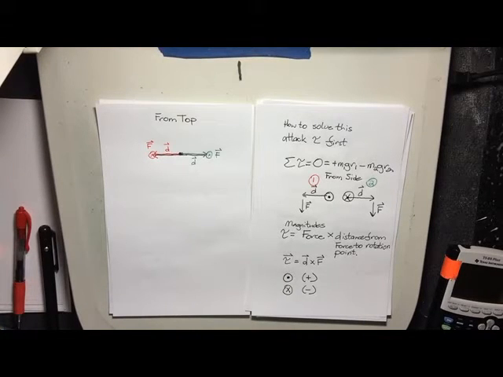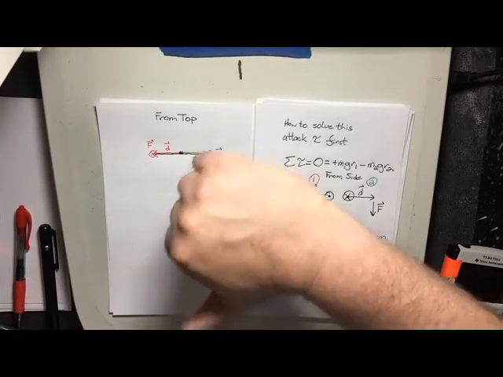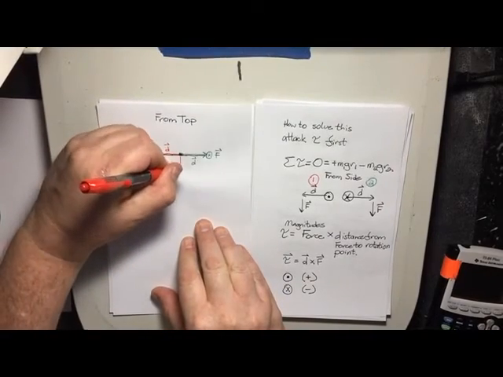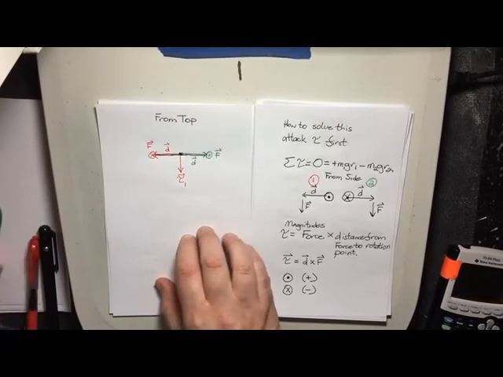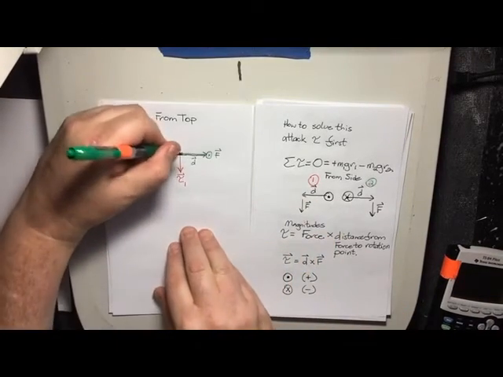So if I was to do this again, the torque vector, D cross F, thumb points this way. And then D cross F causes the torque to go this way.